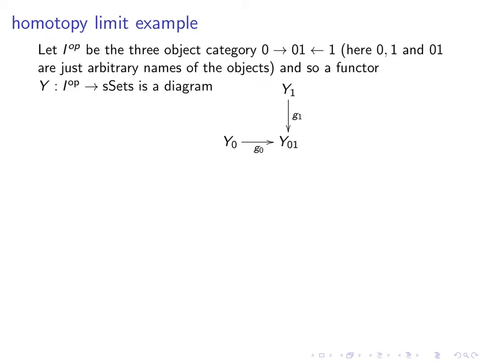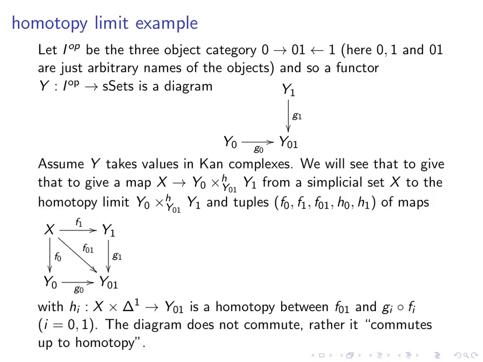So here's an example of a homotopy limit. Suppose we have a three-object category, and then we have this kind of pullback diagram, and assume y takes values in complexes.